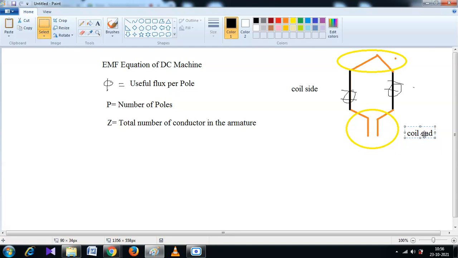This is a coil end and this is also a coil end. This is a coil side, and this is also a coil side. How many coil sides are there?